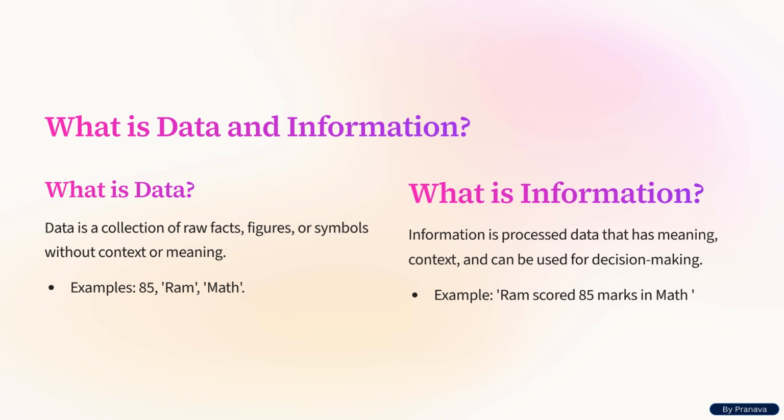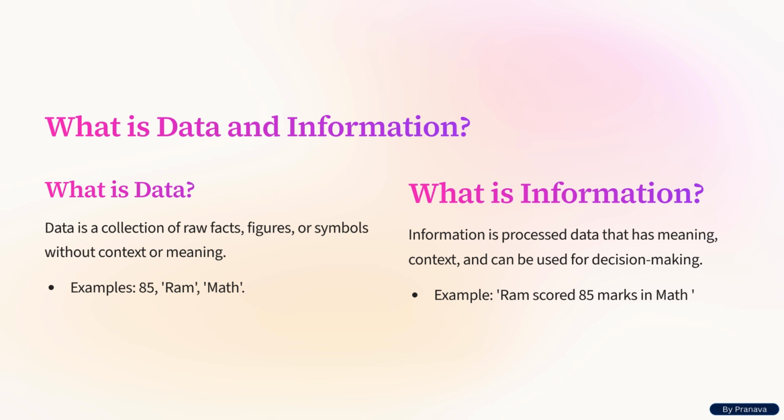Whereas in information, see what information is. Information is processed data that has meaning, context, and can be used for decision-making. See, information is the processed or transformed type of data. When data undergoes a process or transformation, it gets converted into information.